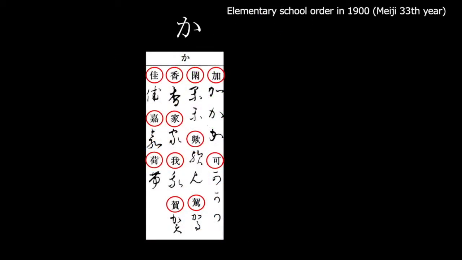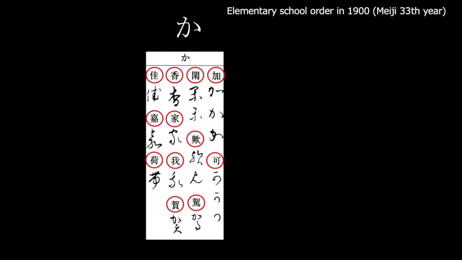So what happened to the Japanese language? Why is there this problem between hentaigana and modern hiragana characters? There was a big change in Japanese language textbooks in the 1900s. It's called the Elementary School Order, or Shogakko Rei, in Meiji 33rd year.